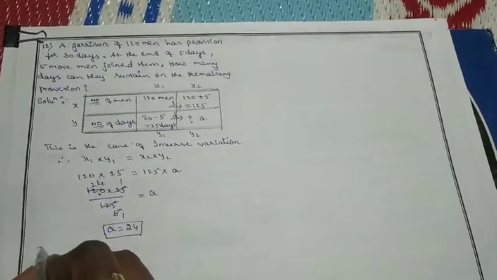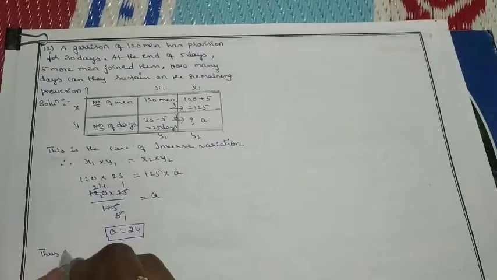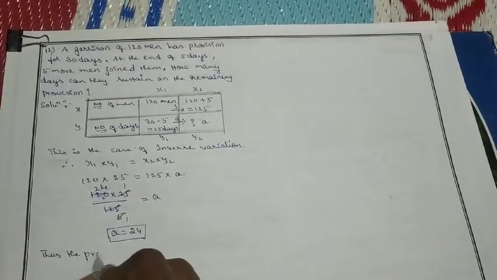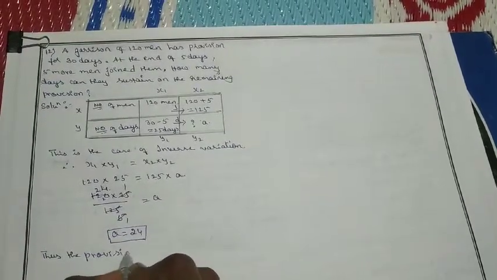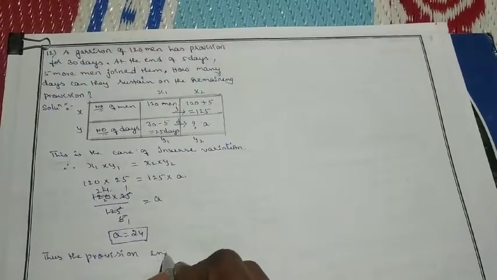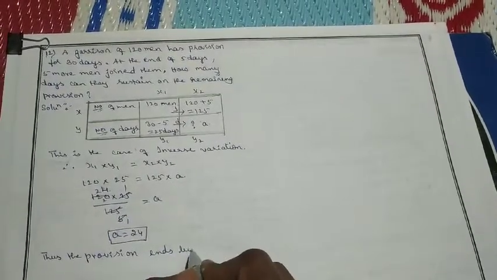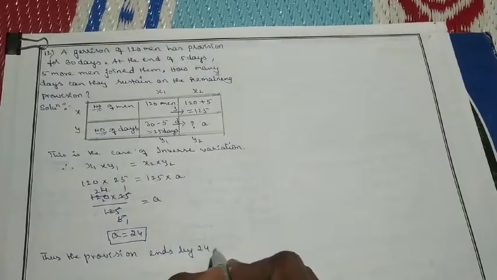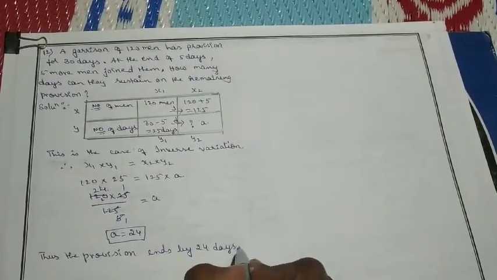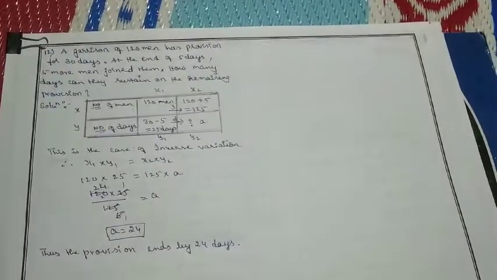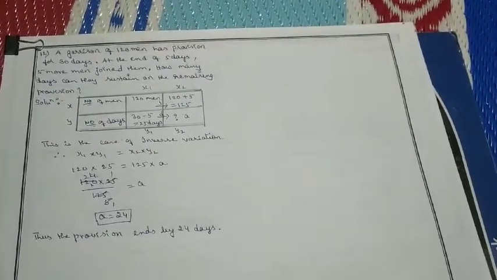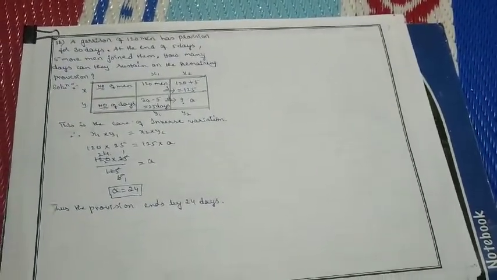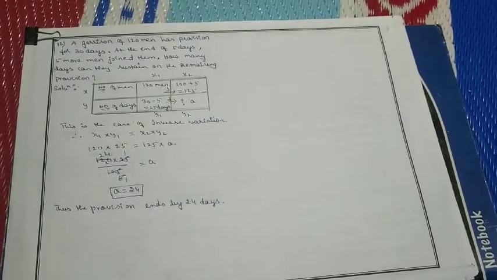Thus the provision ends in 24 days, for 125 men.